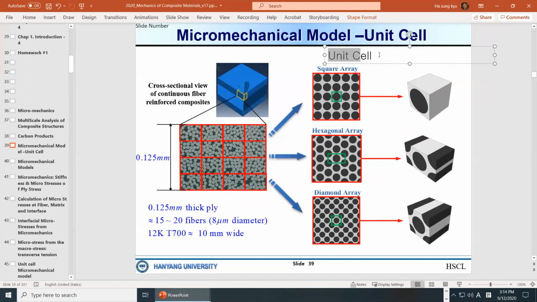No matter what model we have, we have the same fiber volume fractions, which is often called Vf. So each one we call a unicell. Unicell means that this is one cell, and this is repeating, and this is how we get the representative volume.